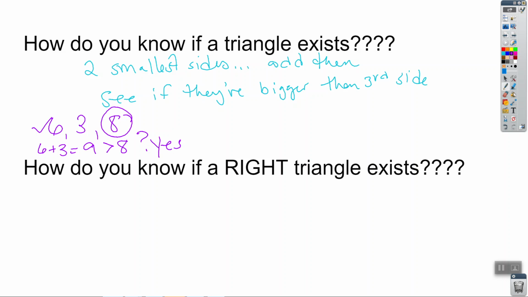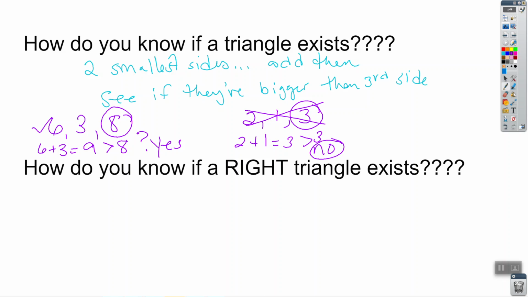Let's look at another one. 2, 1, and 3. 3 is my biggest. Most of the time my biggest will end up there, it might not. I get 2 plus 1 is 3. Is 3 bigger than 3? No. So this is not a triangle. It has to be bigger. It cannot be equal.